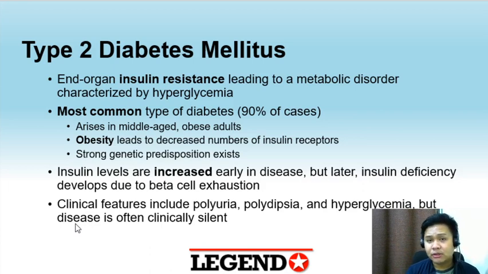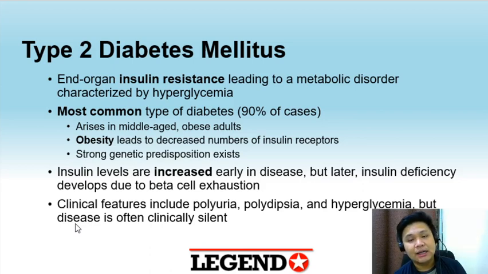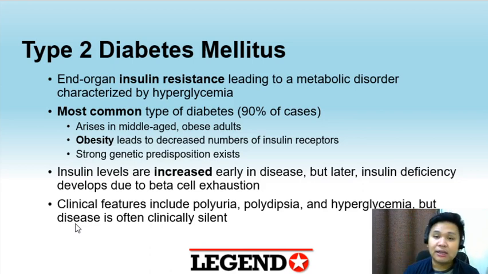So this is the most common type of diabetes, representing 90% of cases, and usually it arises in middle-aged obese adults. Obesity leads to decreased numbers of insulin receptors. That is why most of the time patients who have type 2 diabetes mellitus also have obesity. And there's also a strong genetic predisposition.